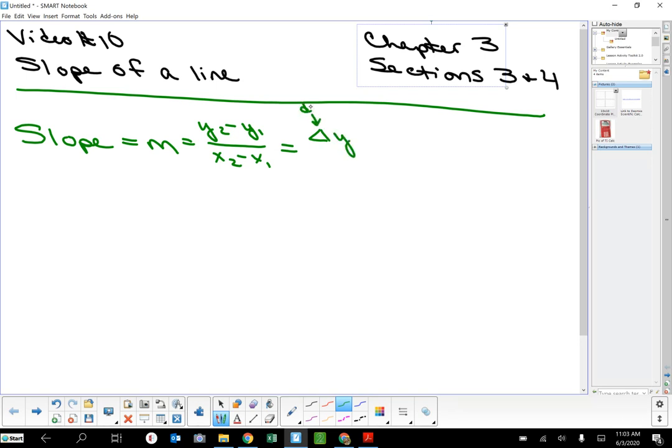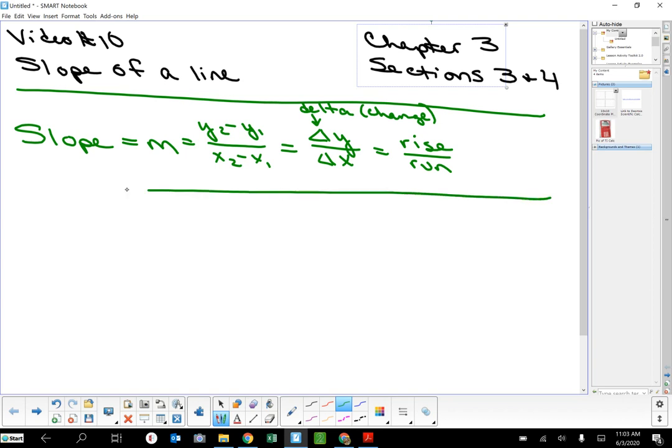This is a symbol that represents the word delta, and it means change. So delta y over delta x, or change in y's over change in x. And then we also refer to slope as rise over run, right? So there's just some little pieces of information.